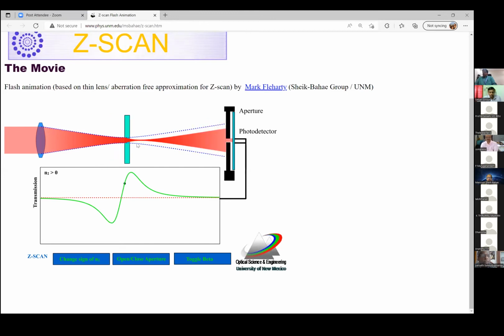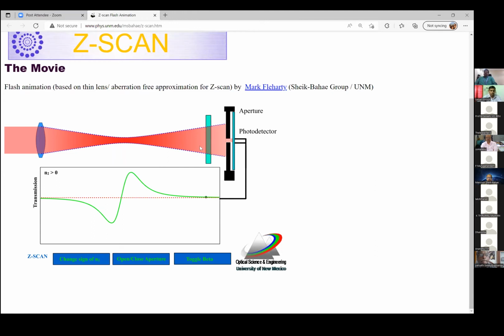As you move through, a positive lens after the focus tends to recollimate the beam, and that increases the intensity through the pinhole, so you would have an increase. Then as you move on, you go back to the linear regime.